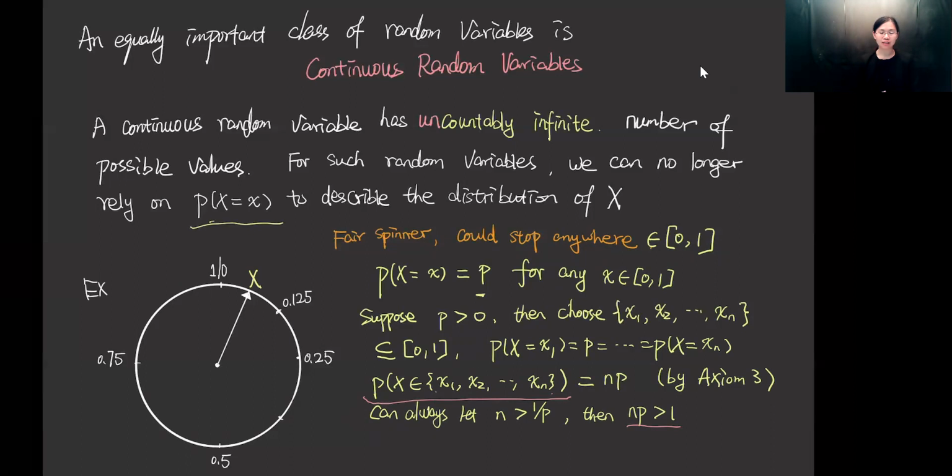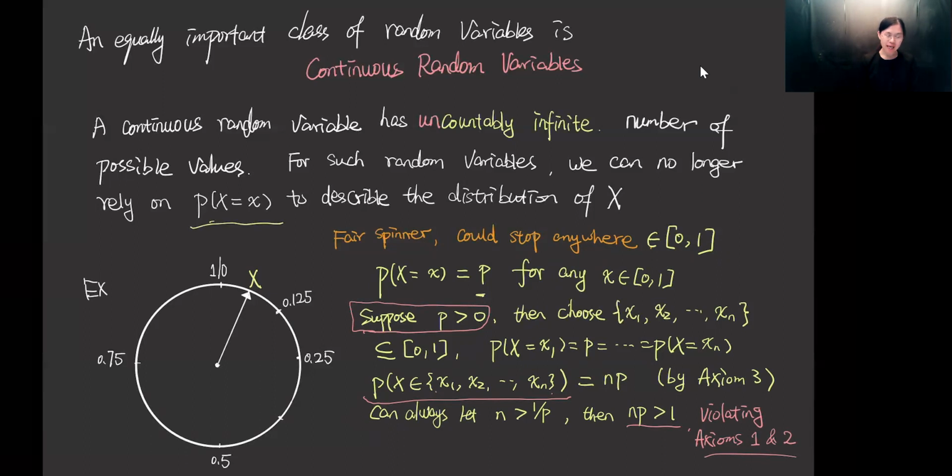That violates the axioms of probability, axioms 1 and 2. So this implies our premise that this P is positive is wrong.